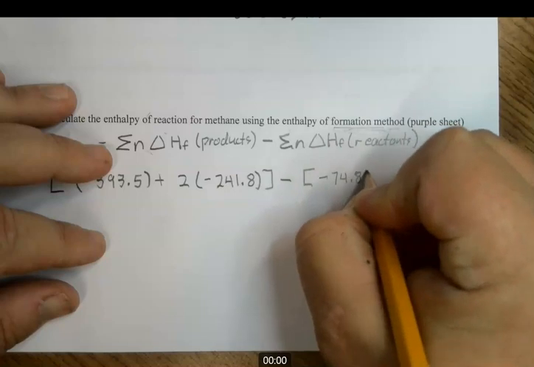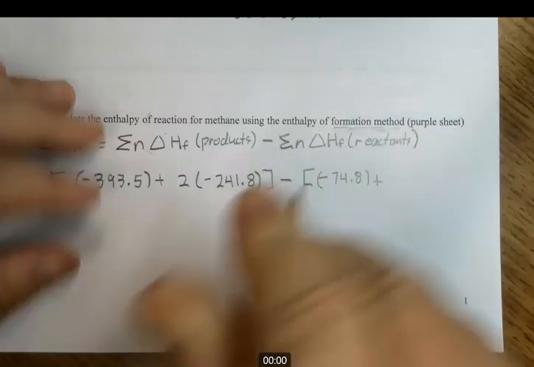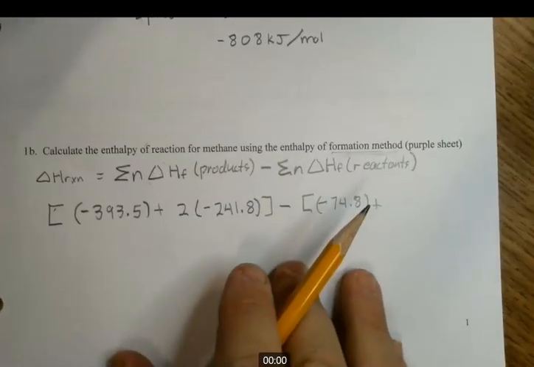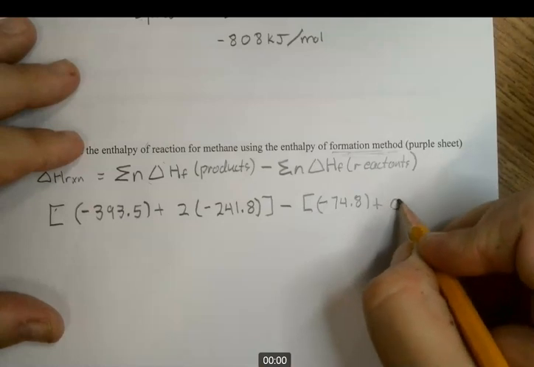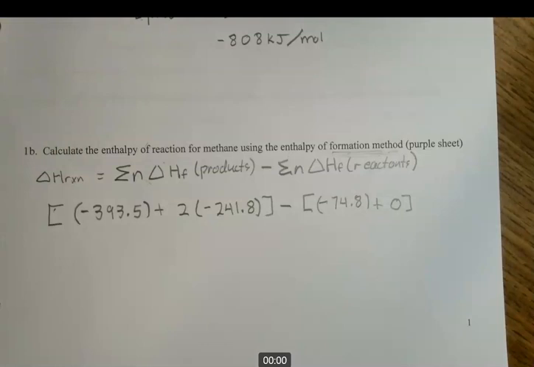We've actually done this problem before, but it's fine to do it again. And then the enthalpy of formation for any pure element like O2 is always defined as 0. So that's a principle to remember there. Now you're going to go ahead and put all these together.